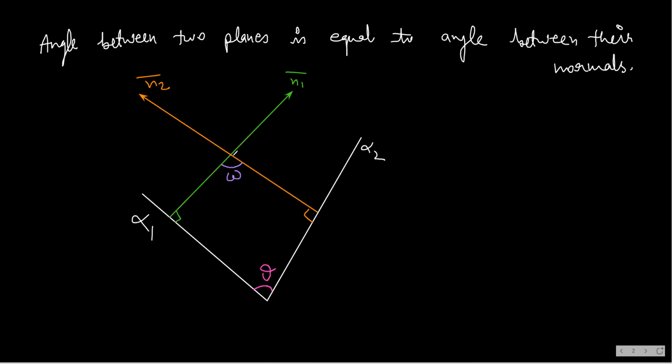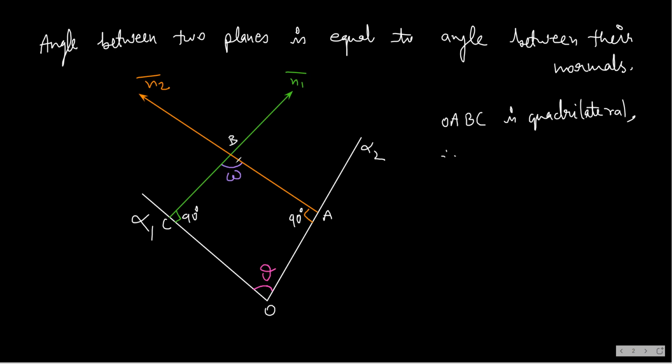Now what I do is, here you have 90 degree. This is also 90 degree. Let me take this point as O. This is A, this is B, and this is point C. So what do you have? OABC is a quadrilateral.